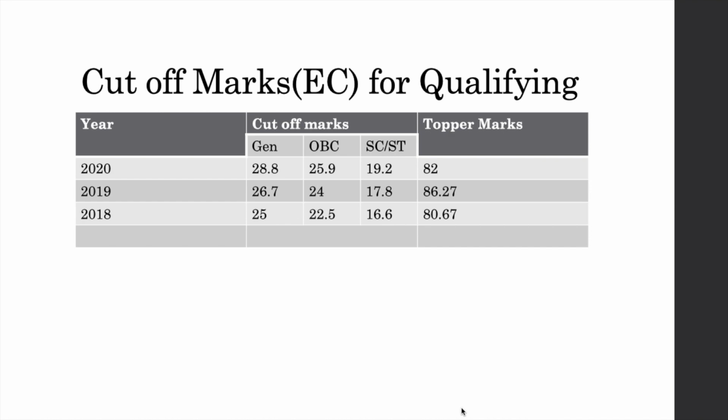Minimum marks is okay, we understand this is what is required to qualify the exam. But as I said earlier, this does not guarantee anything, it's just qualifying marks. If we want something good out of this GATE exam, then we need to score good marks also.